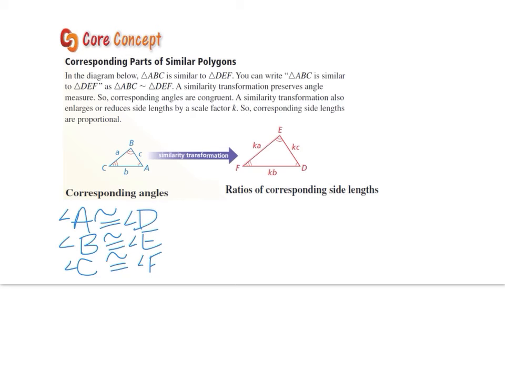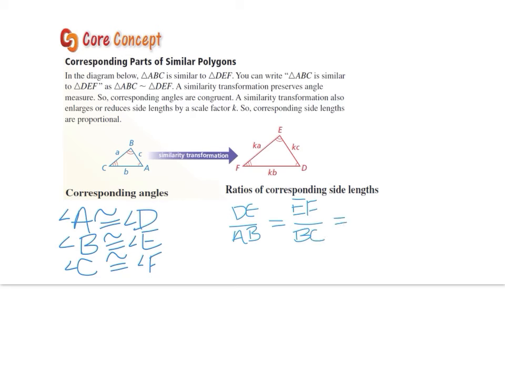All right, our first proportion is side DE corresponds to side AB, which also, going around the shape, BC corresponds to, you stay with the same triangle on the top. So going back to the red triangle, we would say EF corresponds to BC.